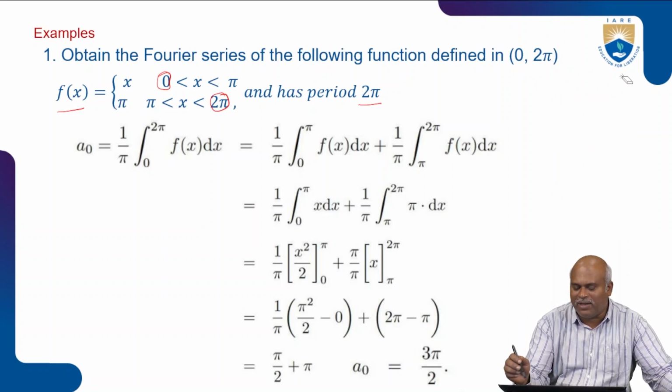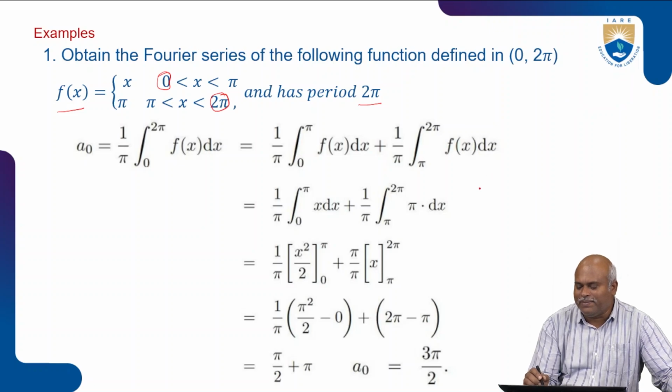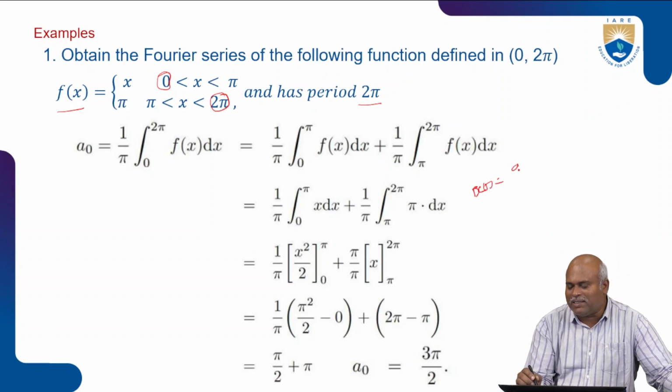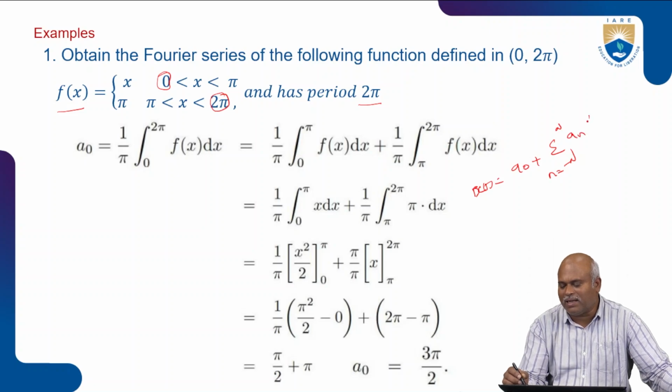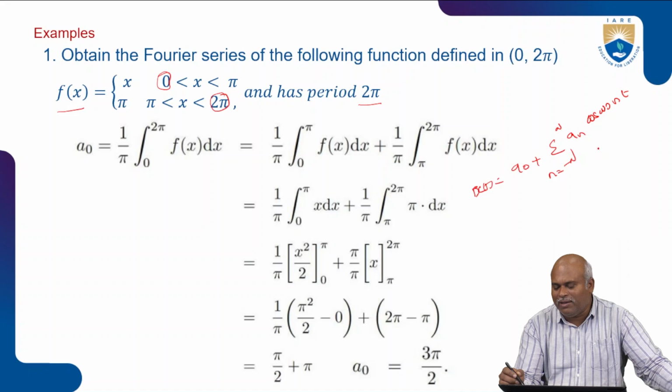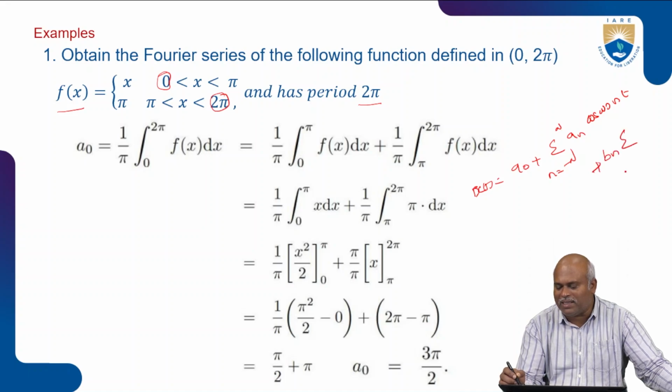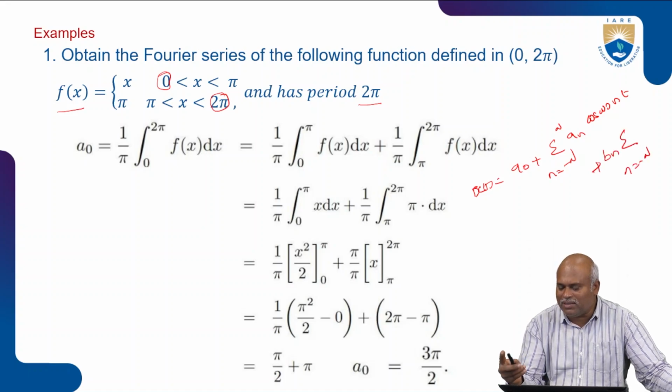The trigonometric Fourier series is represented as x of t equal to a0 plus the summation of n equal to minus infinity to plus infinity of a of n cos omega 0 n t, plus the summation of n equal to minus infinity to plus infinity of b of n sin omega 0 n t.